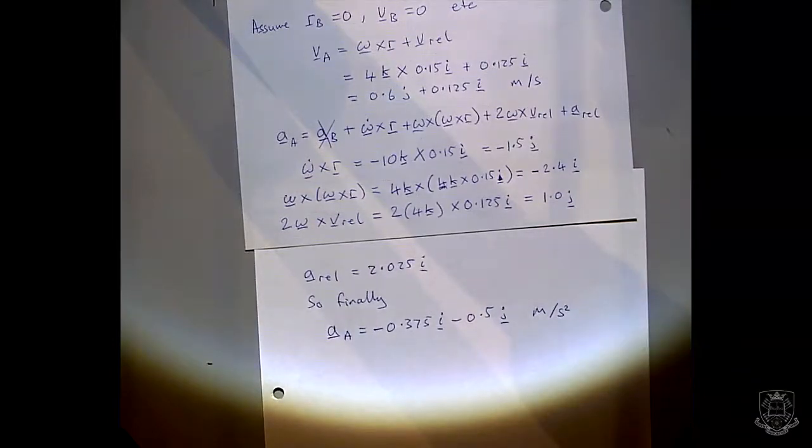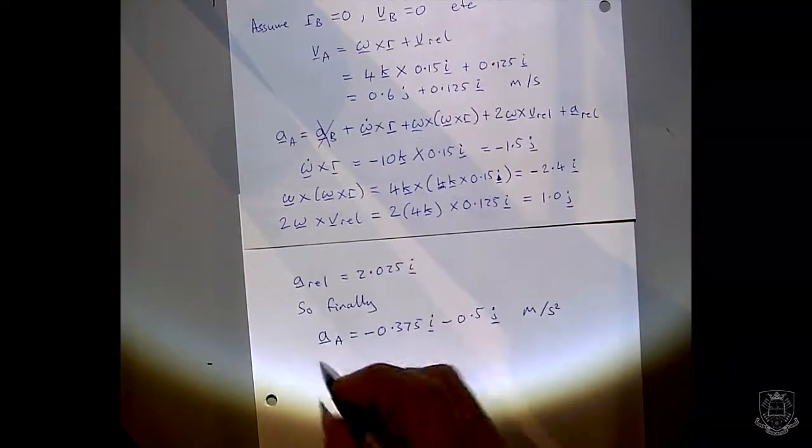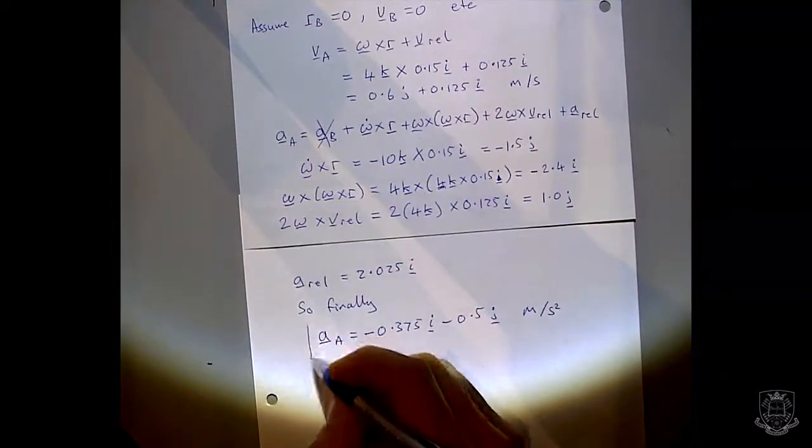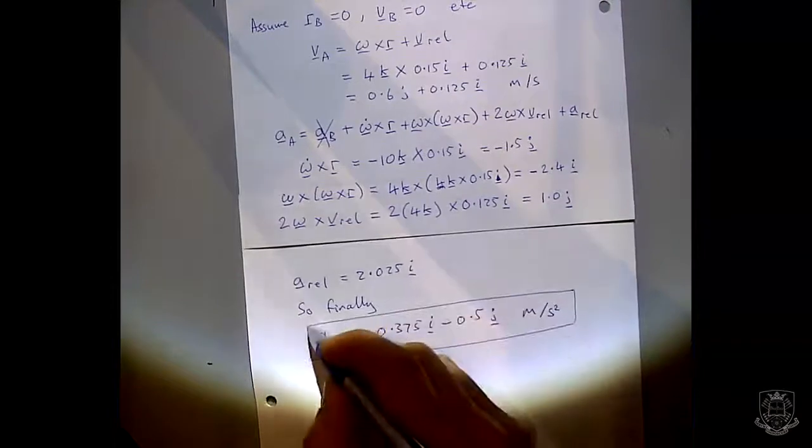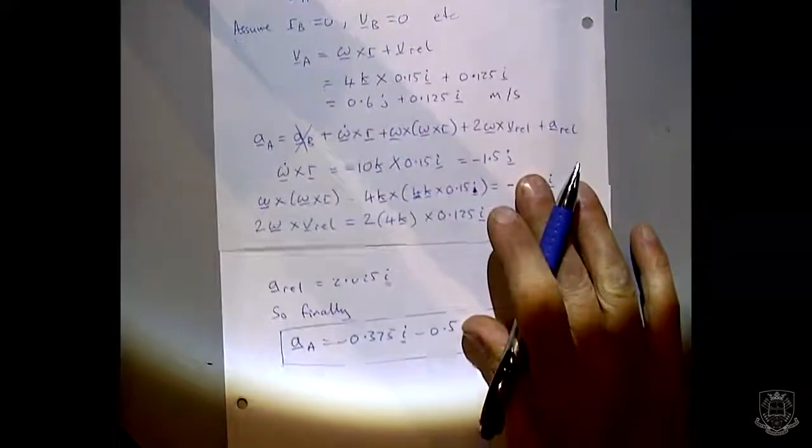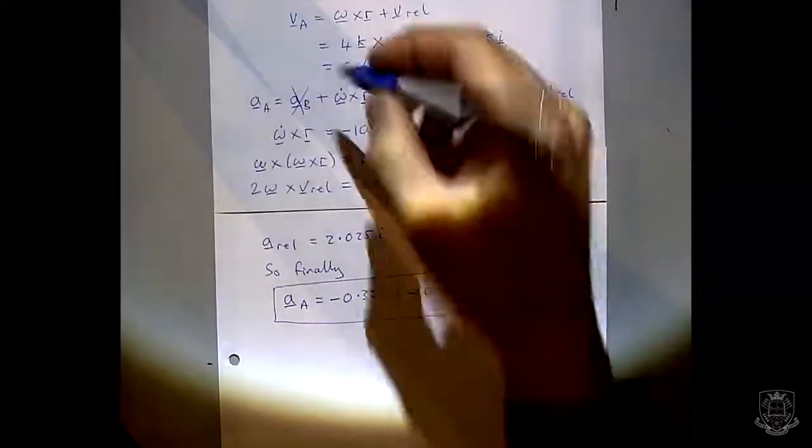It's quite often easy to forget, especially in an exam. You're doing so many I's and J's, you forget that acceleration has units as well. It asked us to find the acceleration, which is this part, and the velocity, which was this part here.